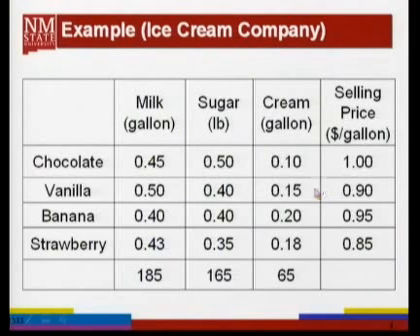The company has only 185 gallons of milk, 165 pounds of sugar, and 65 gallons of cream left in its inventory. Okay? The chocolate, vanilla, banana, and strawberry flavors generate respectively $1.90, 95 cents, and 85 cents profit per gallon sold. Okay?